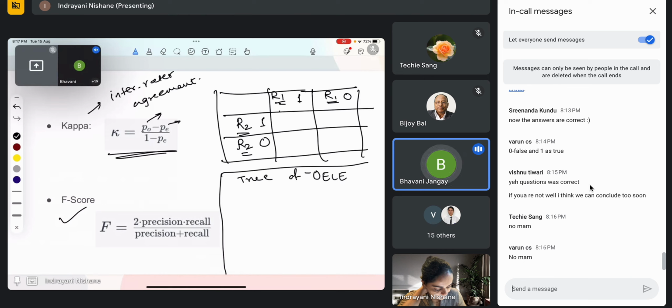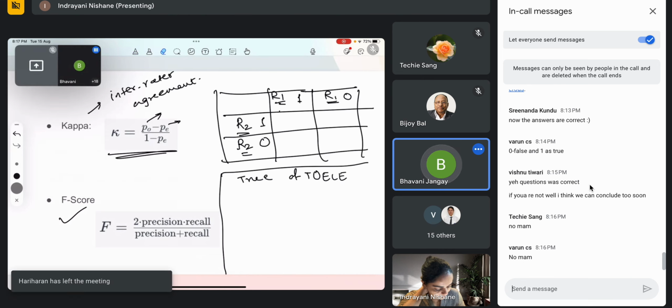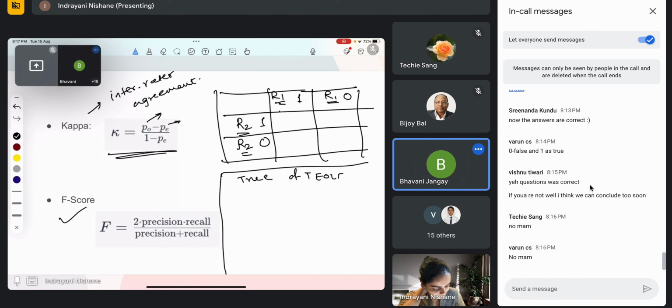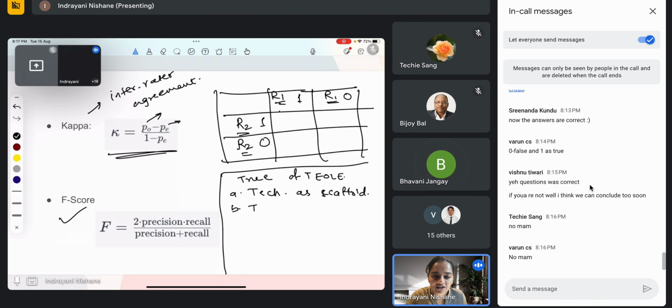There were four options, ma'am. The first option was technology acts as a scaffold, which is correct. The second option was shift the learning process from student to teacher centric.